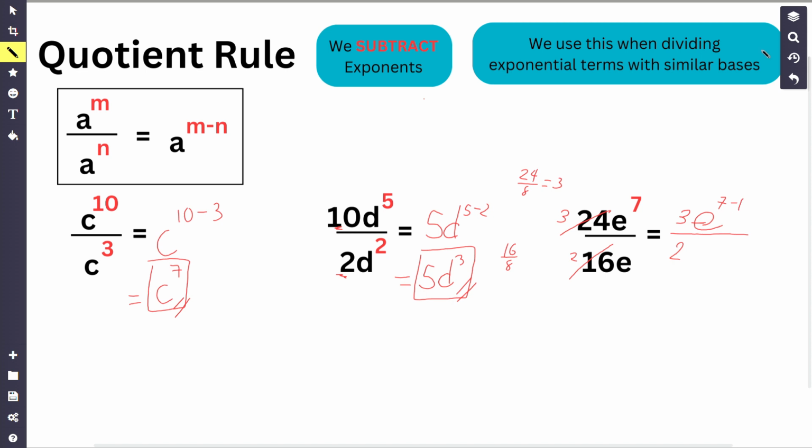So where did 1 come from? Please take note that the e below always has an invisible power of 1. So this is going to become 3e raised to 6 over 2. So this is going to be our final answer.